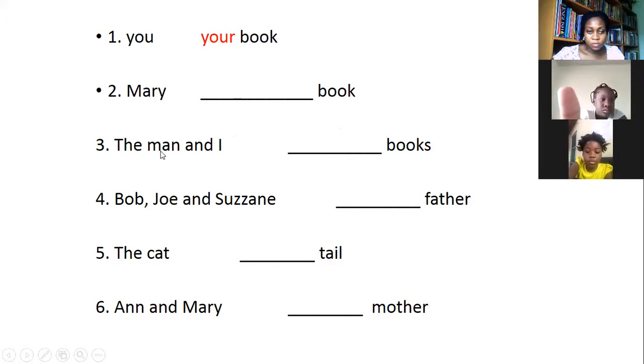So let's continue. Mignonette. The book is for the man and I. So you read. The book, the man and I. So what possessive adjective will you use to replace the man and I?